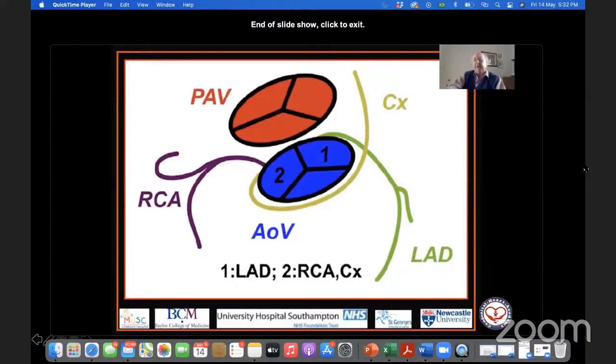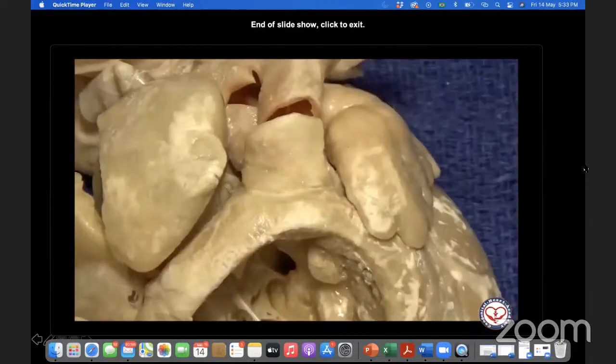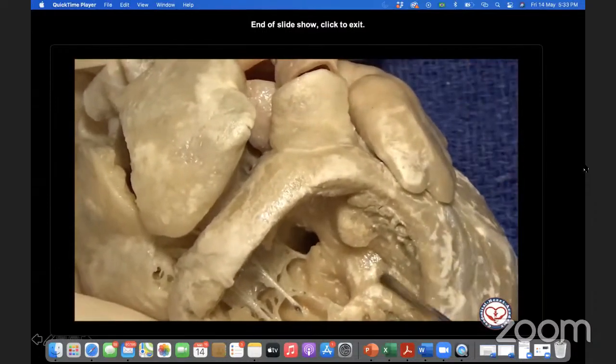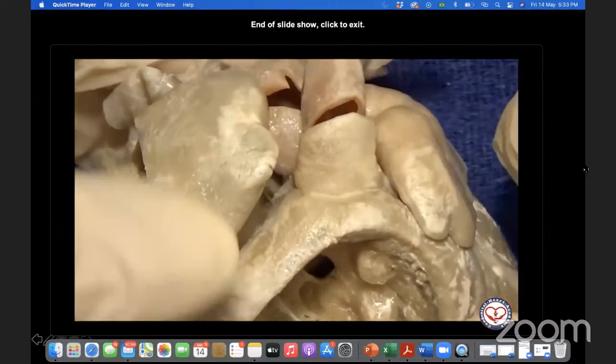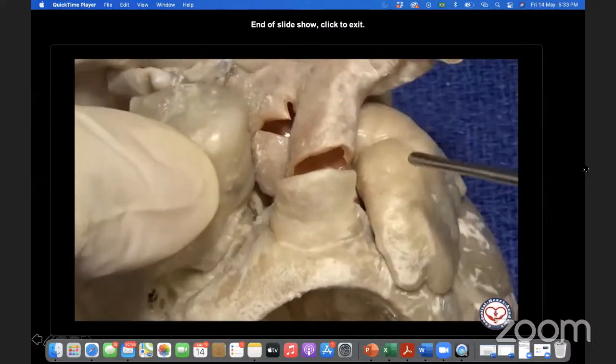What Diane is going to show you is that almost always, when the circumflex artery does arise from the left-handed sinus number 2, it passes behind the pulmonary trunk. And she's going to show you some. This specimen with transposition had the perimembranous outlet ventricular septal defect that we saw earlier, and as well has a coronary artery abnormality.